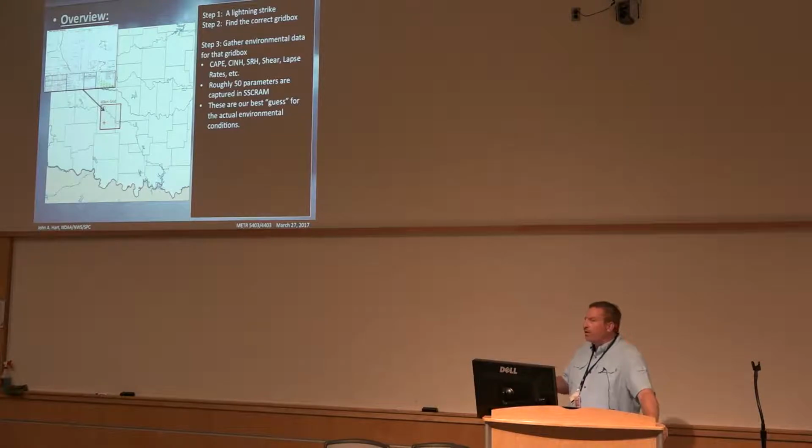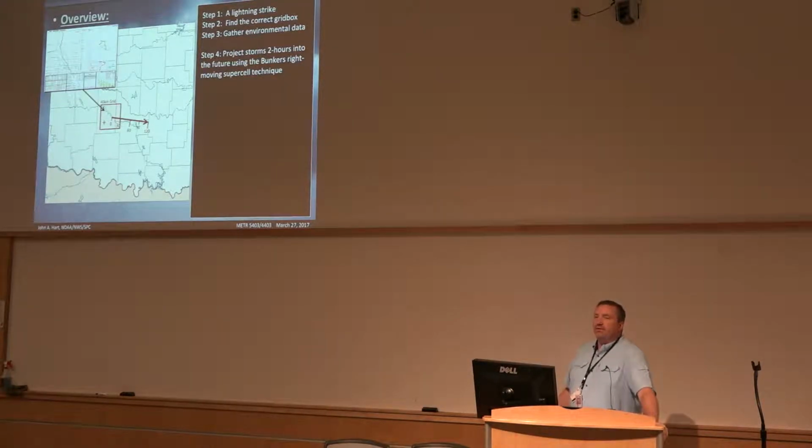I gather all these parameters for right now, not for 2 hours into the future, because that adds a whole other layer of uncertainty in terms of will the models get it right. I just want to know right now, observationally, what are all the parameters showing? And so this is our best guess for the actual environmental setup.